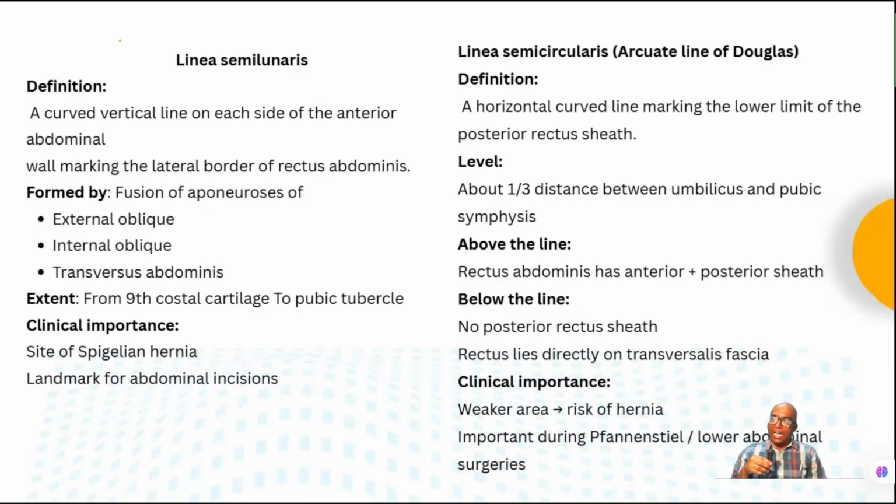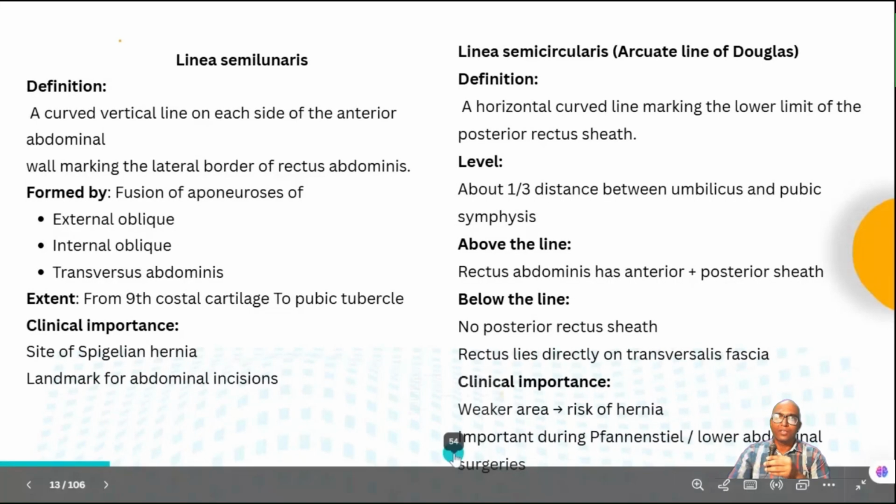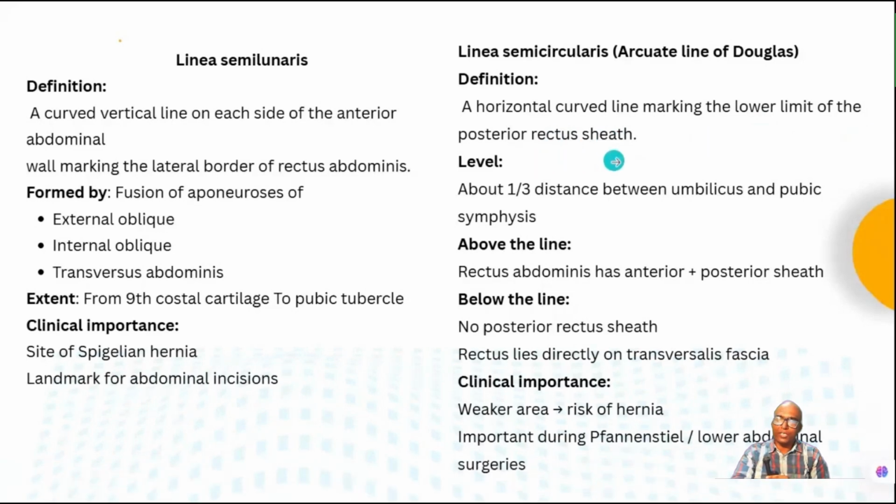Okay, so they can ask you the question. Linea semicircularis is a horizontal curved line marking the lower limit of the posterior rectus sheath. It lies about one third of the distance from the umbilicus to the pubic symphysis. Above the line, rectus abdominis has anterior and posterior sheath, and below the line, no posterior rectus sheath is present.